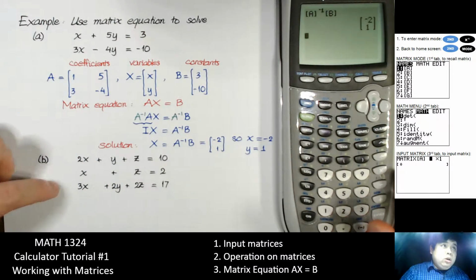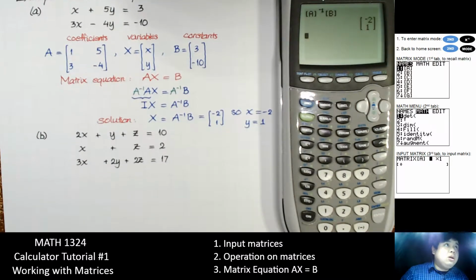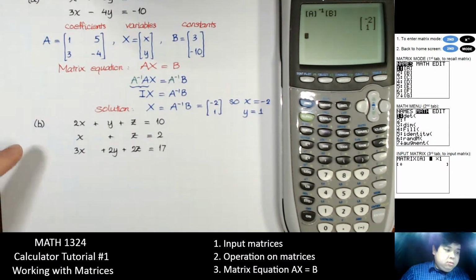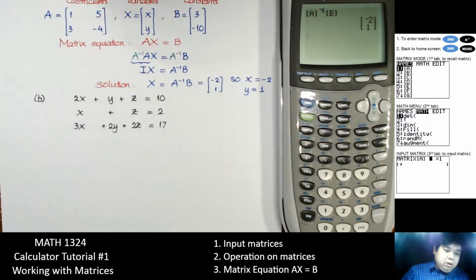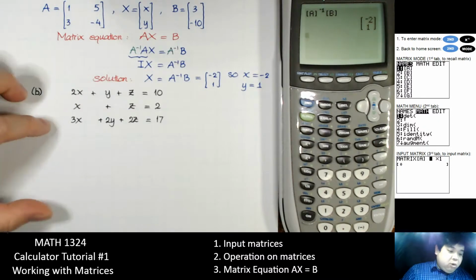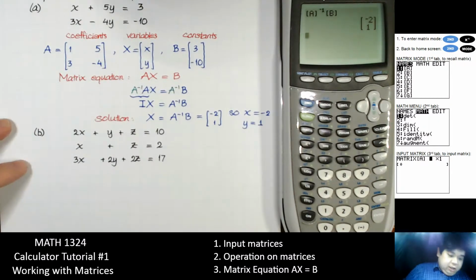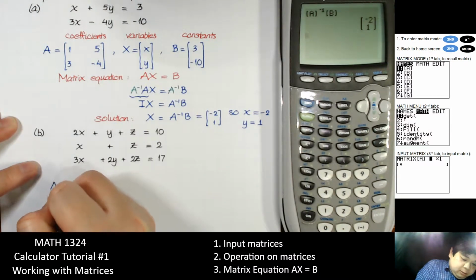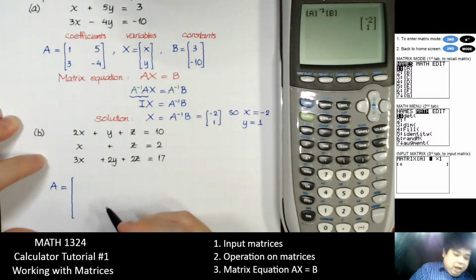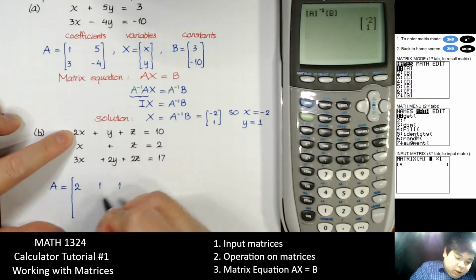Next we go to this example. Similar to the previous example, we put the matrix A, matrix X, and the matrix B. Matrix A, all the coefficients: 2, 1, 1, 1.